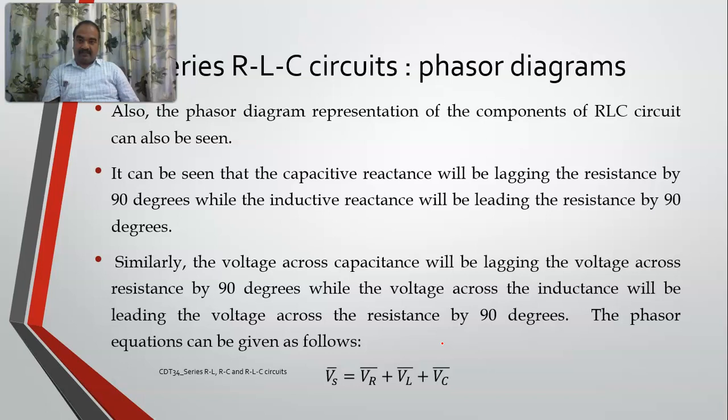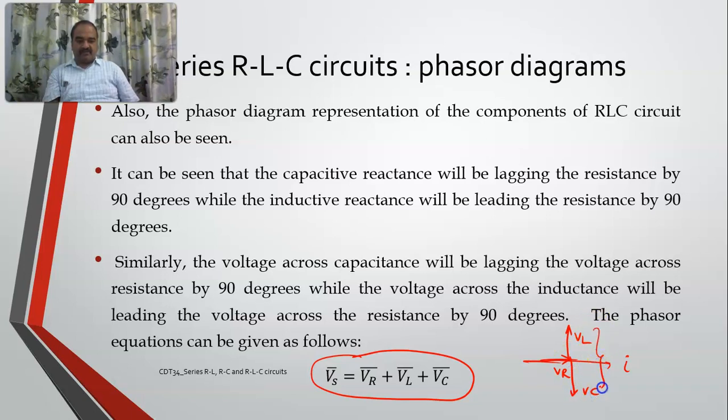See, as already I said, you do have three elements, and the combination of these three is VR, VL and VC. If I take current as the reference phasor, this is VR, this is VL, whereas this is VC.